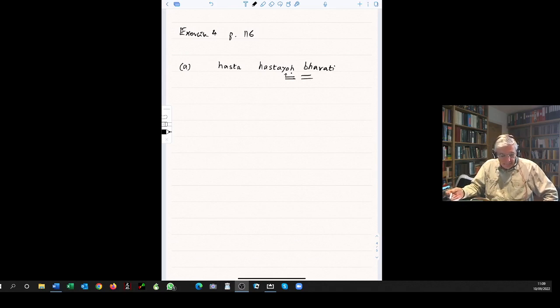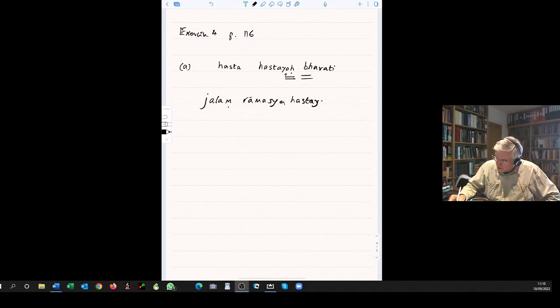So jalam, the water, ramasya hastayor bhavati, and I'll write it in Devanagari with sandhi. So jalam ramasya hastayor bhavati.